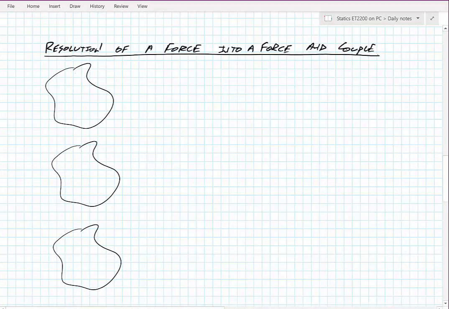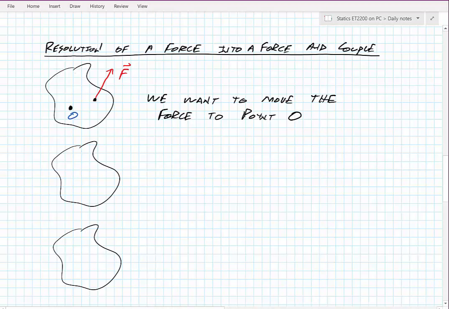So for instance, let's say that I have this kind of blob object here, and I'm applying a force to this object some distance away. We'll put it about here, and have some kind of force. We'll call this point O over here. What we want to do is move the force to point O.